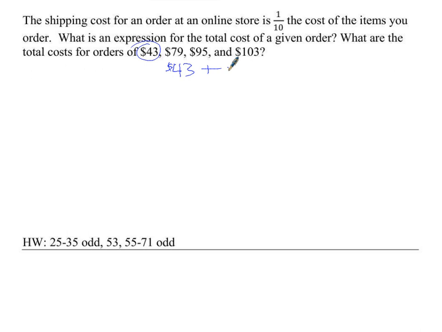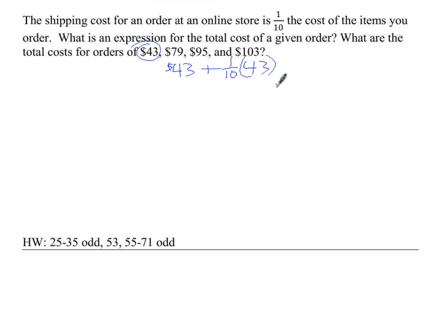Sorry, the actual cost is $43. And I need to find 1/10 of that, so I'm going to write 1/10 times 43. Actual cost, cost of shipping, total gives me the total purchase cost that it's going to cost me to buy this thing, or these things, or whatever it is, okay?